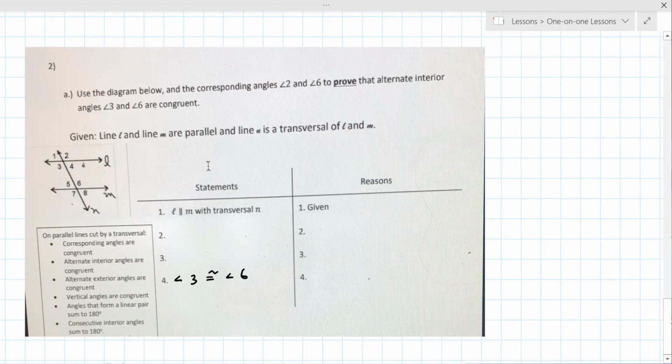Do you follow that? 2 and 3 are the same, and 6 and 7 are the same. Why are they the same?